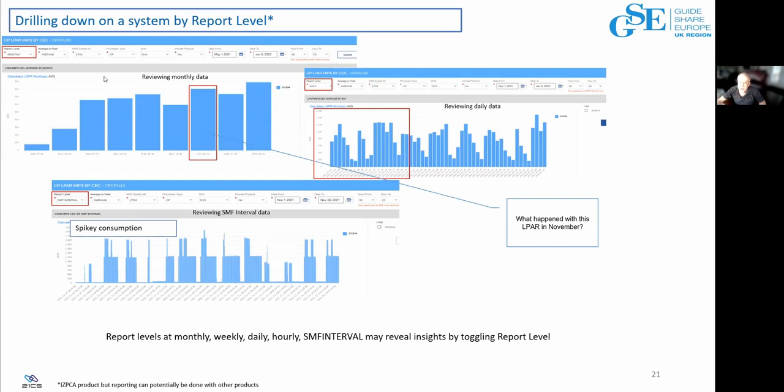This is really a slide about how the different summarizations play a part in understanding what's going on. If you're looking at monthly data, all this gets smoothed out, even if you're looking at a particular shift. Then toggling into daily, you can see what parts of the month were high. That's pretty powerful.